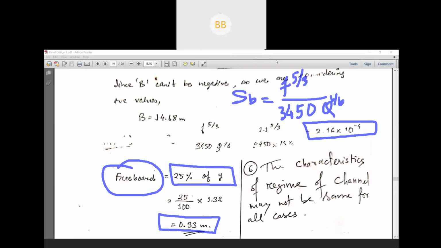Over, we are going to provide free board as 25% of y.